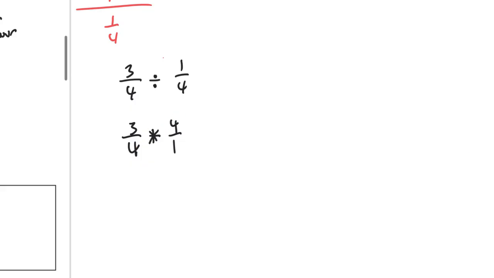So, for example, since this 4 is diagonally positioned from this 4, you could cancel those, where that turns into a 1, that turns into a 1, and then it would be 3 times 1 across the top, which is just 3, and then 1 times 1 across the bottom, which is just 1, and then you could realize that's just 3.